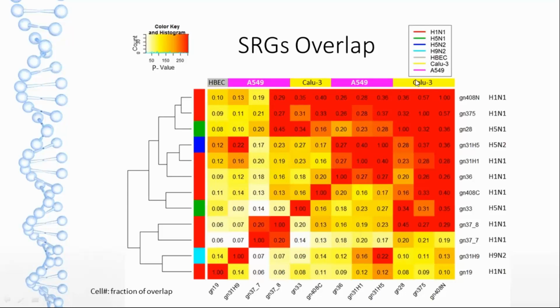The top shows the different cells and cell lines, and on the left side, the different viral strains. This is just the overlap based on Fisher exact tests, so the greater, the more significant, and the small numbers are the fraction of the intersection based on the whole individual 2 sets where they are checked.